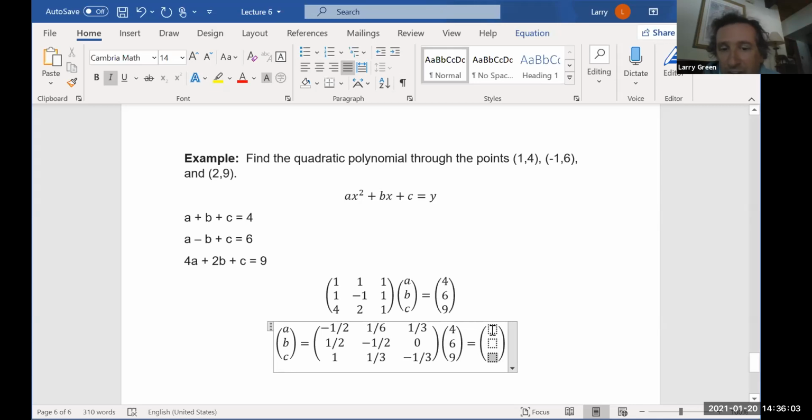So what do you get for the first entry, the top entry? You've got to multiply these two. Not that hard. What do you get for the top entry? 2. Good. What do you get for the middle entry?